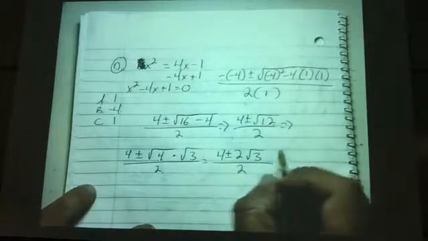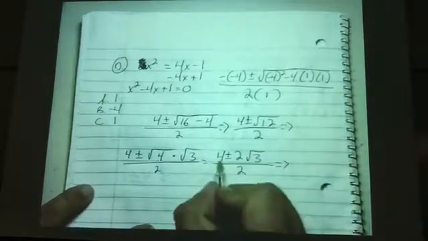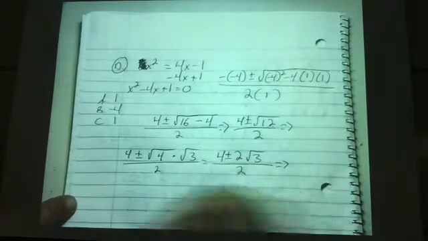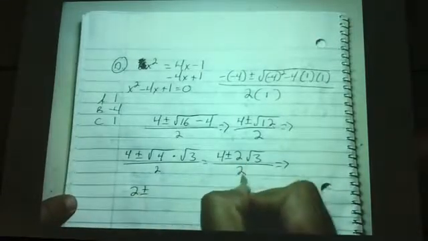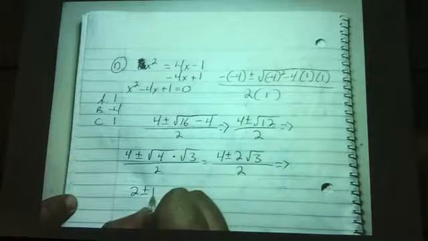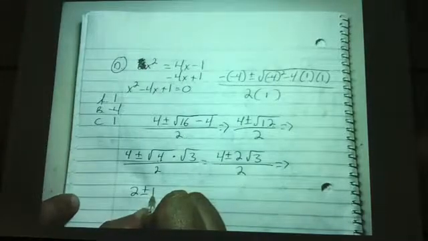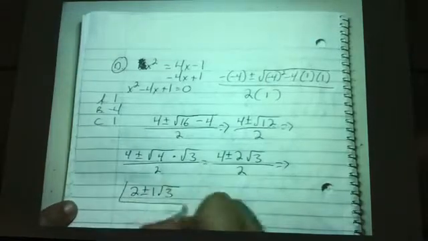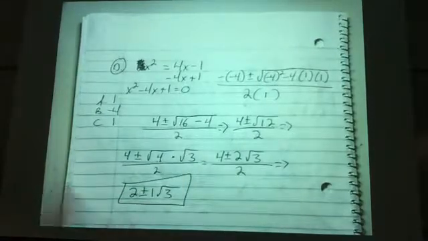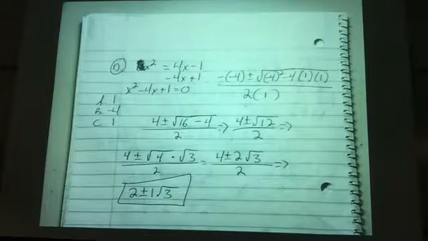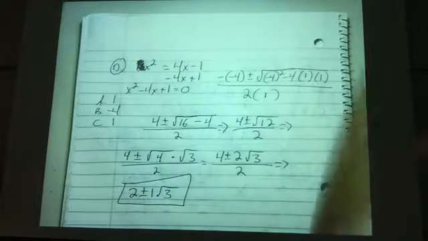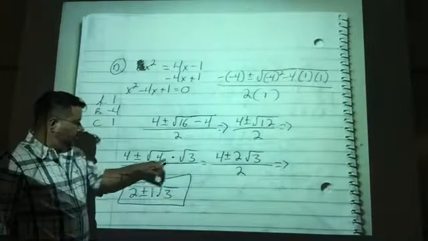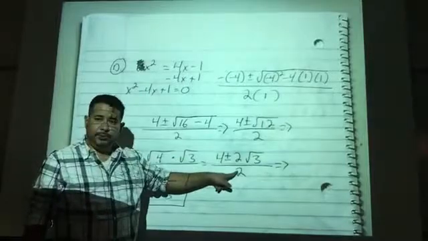Now here we can reduce. 4 divided by 2 is? 2. Plus or minus 2 divided by 2 is? 1. You do not have to put the 1, because we know there is a 1 there when we put a square root of 3. I'm putting it because I explained it and I want to make sure you know that there is a 1 in front of the square root. 2 divided by 2 is 1.